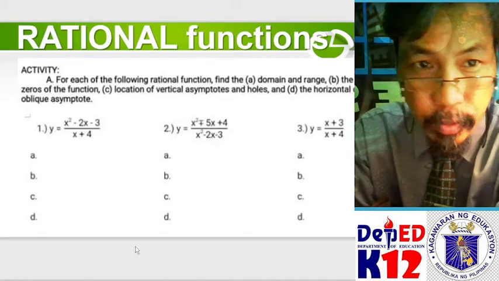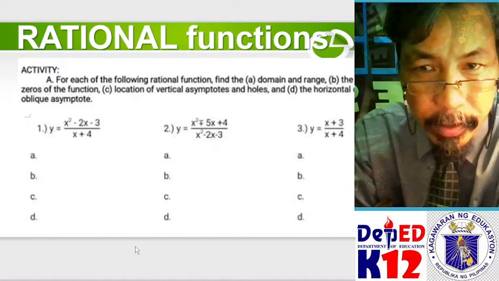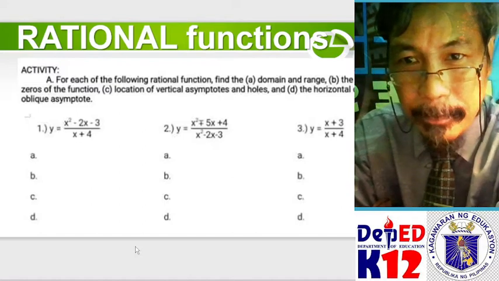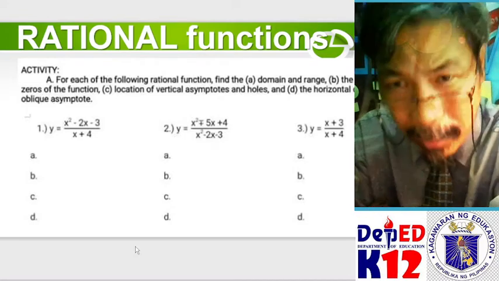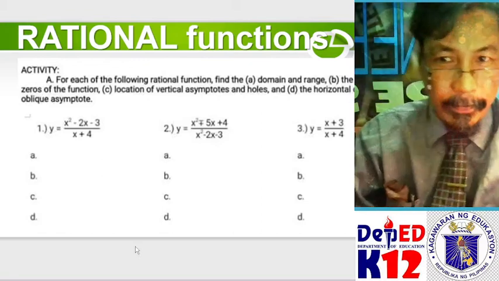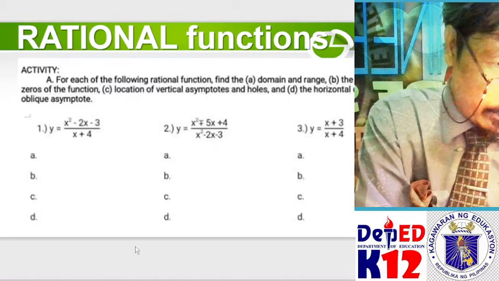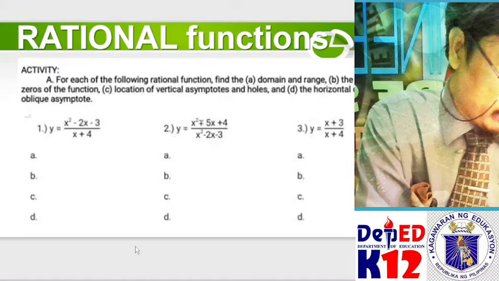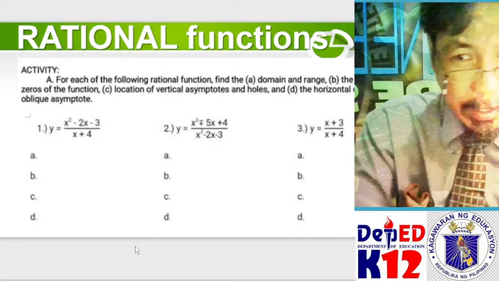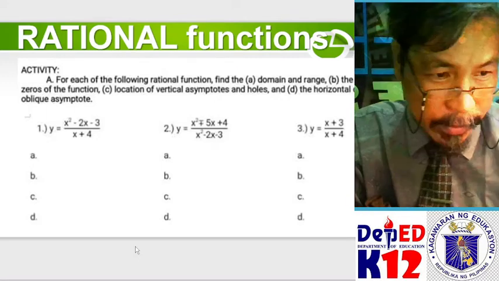If we encounter domain and range, that is more or less about the same meaning, but it is very critical that you understand what is the difference. What is the difference?